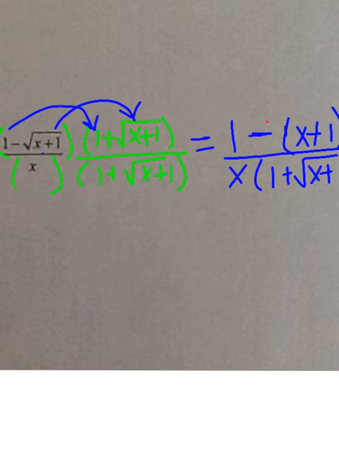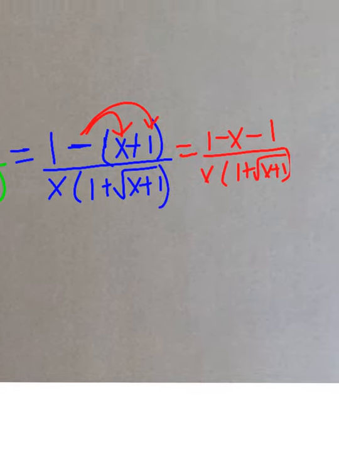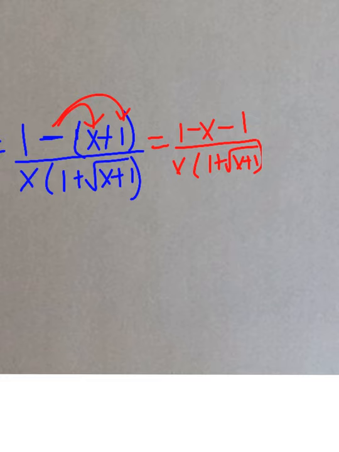Okay, so now in the numerator, we have to distribute the negative. So we have 1 minus x minus 1 over x times 1 plus the square root of x plus 1. All right, so now let's clean up the numerator. So I have 1 minus 1 here, right? 1 minus 1 is 0.